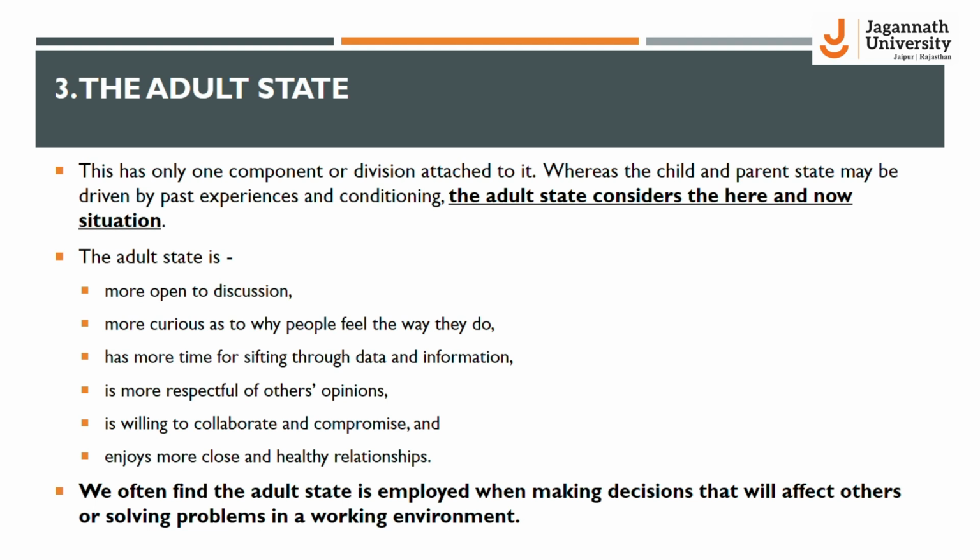When we use the word collaborate, collaborate means I win, you win. That we will be discussing in detail in conflict handling intentions, that it is a win-win approach. So the concerns of both the parties are taken care of.